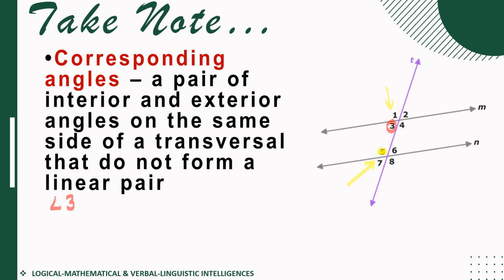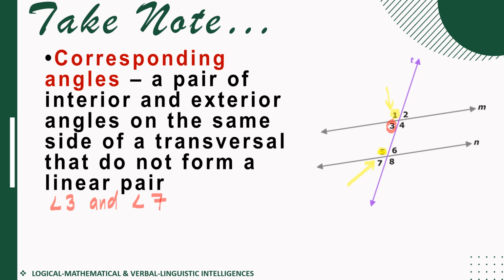But there's additional condition in here that they should not form a linear pair. So basically, they should not be adjacent. That means 1 will not be considered anymore. Hence, our final answer would be angle 3 and angle 7.